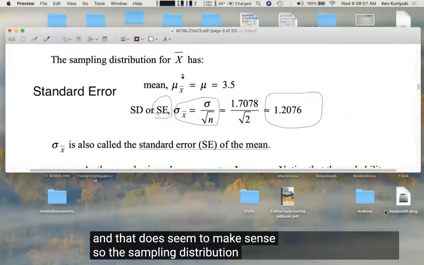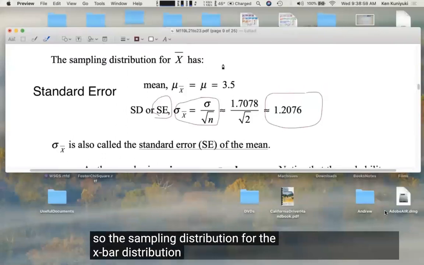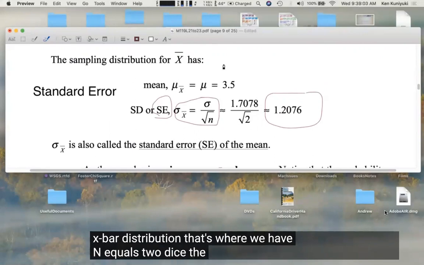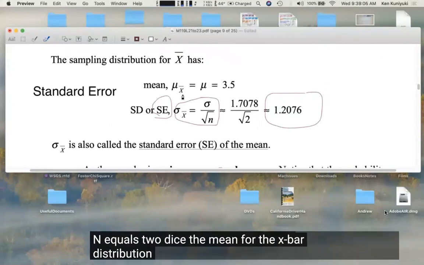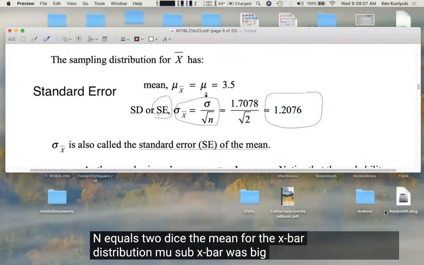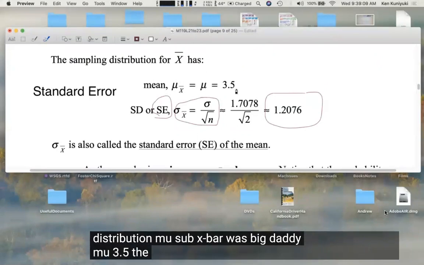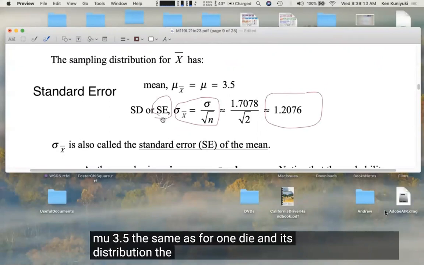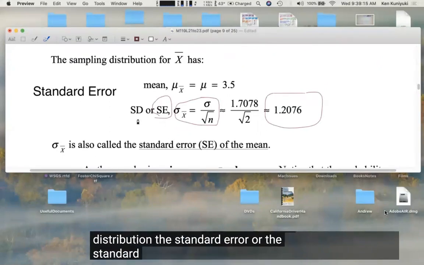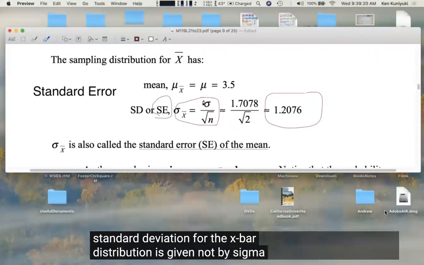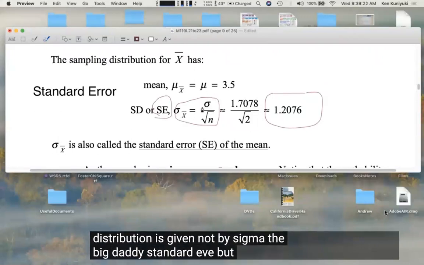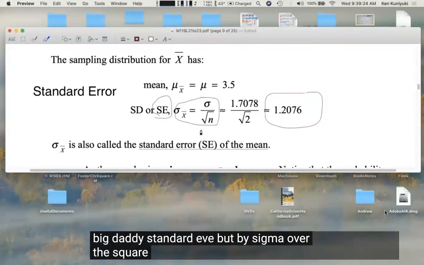So the sampling distribution for the X bar distribution, that's where we have n equals 2 dice. The mean for the X bar distribution, mu sub X bar, was Big Daddy mu, 3.5, the same as for one die and its distribution. The standard error, or the standard deviation for the X bar distribution, is given not by sigma, the Big Daddy standard dev, but by sigma over the square root of n.